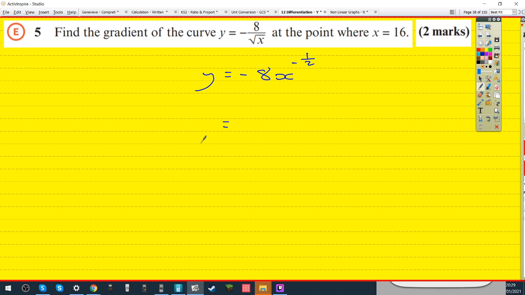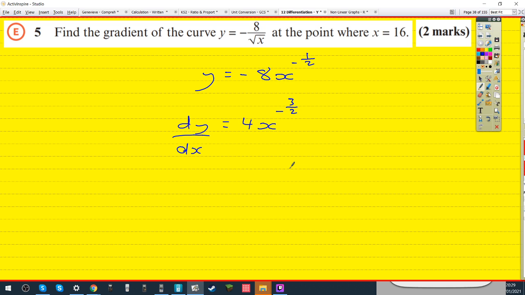So when you do the coefficient multiplied by the power, would that give a positive number? Yep. So it'd give 4x to the power of a half. That would be plus 1. Minus a half minus 1. Minus 3 over 2.